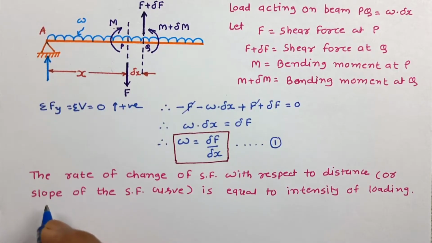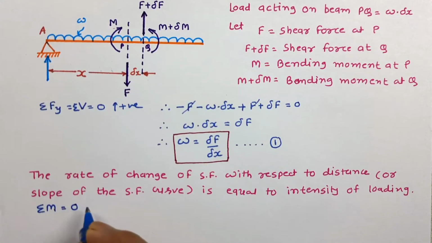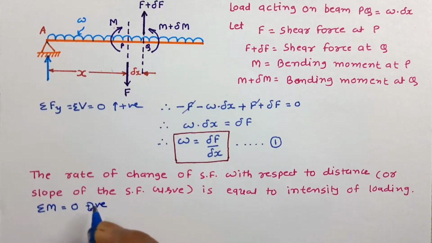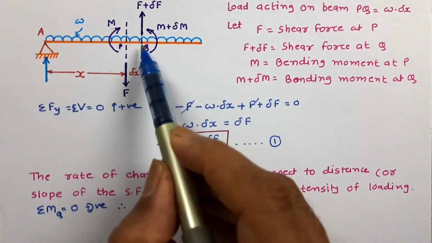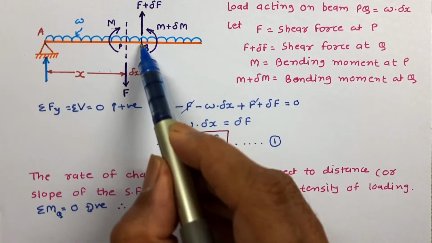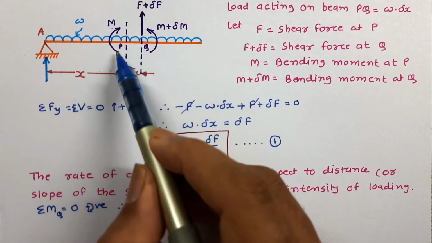Apply one more condition of equilibrium, that is summation of moment about any point is equal to 0, and we will consider clockwise positive. Here we will take moment about point Q. So we want to work out the moment at this point Q. Let us start here.